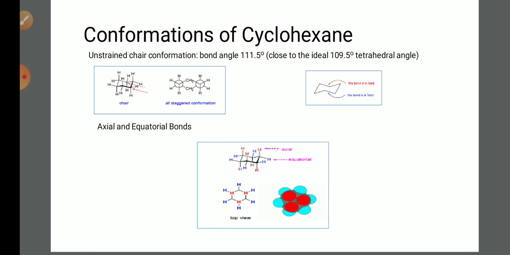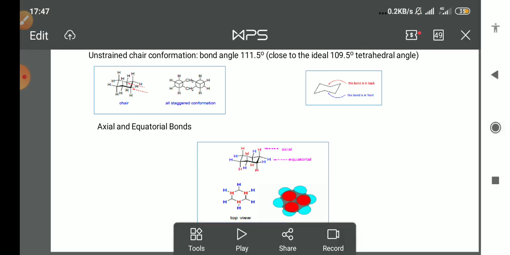In cyclohexane, what will happen? Only hydrogens are there. When the hydrogens are far away from each other, it requires less energy. And when the hydrogens of cyclohexane are near to each other, they require higher energy.